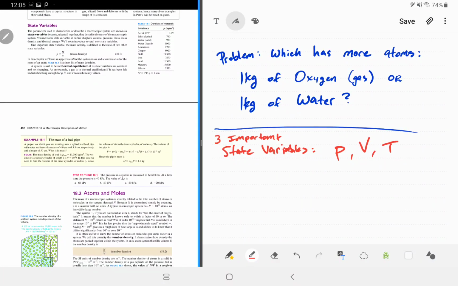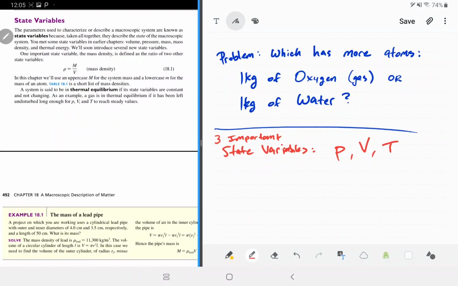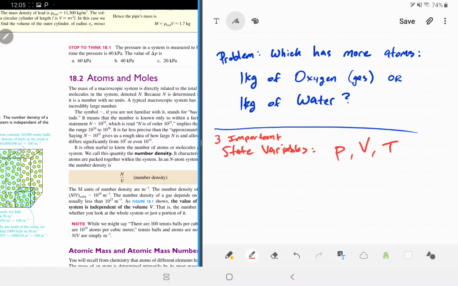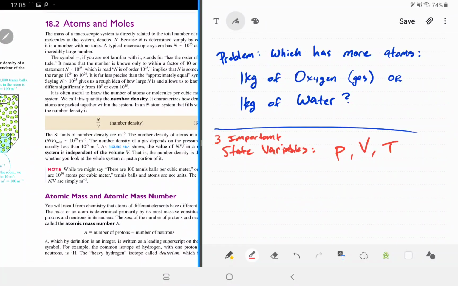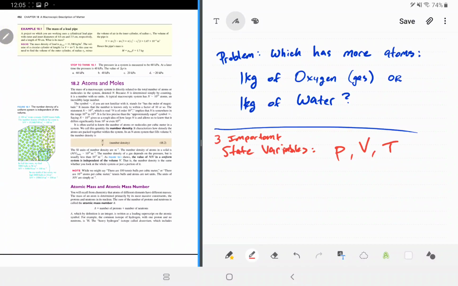The first thing your book points out is the difference between mass density and number density. So you're familiar with rho from fluids, mass per unit volume. We're also going to look at number density, number per unit volume. So capital N is the total number of atoms or molecules. And like I said before, this is going to be a really, really big number.